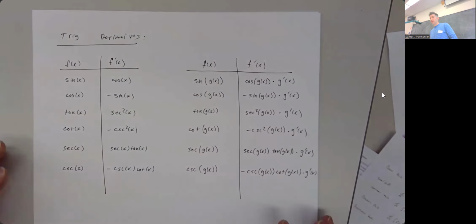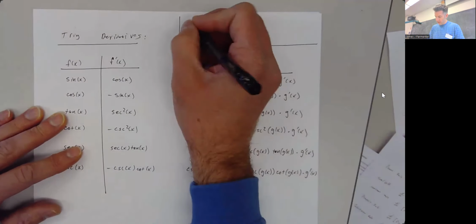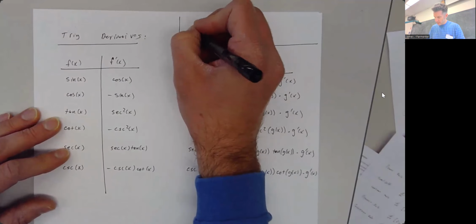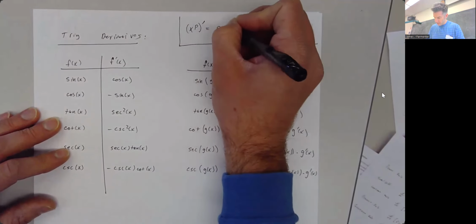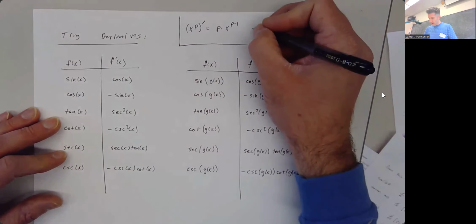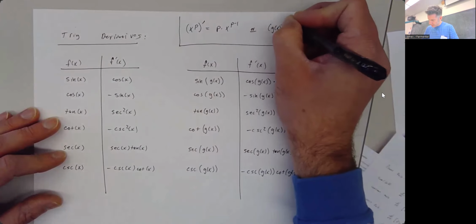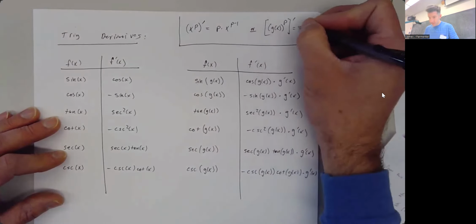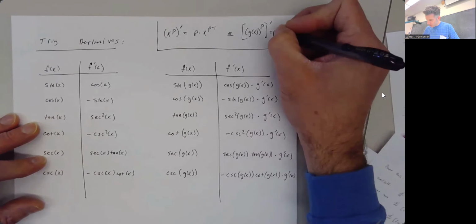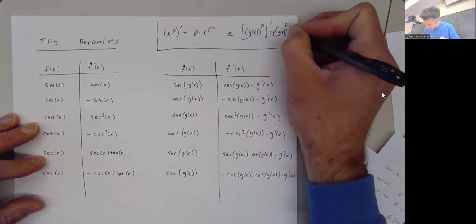And then just for the sake of completeness, there's also the chain rule version of the power rule, right? If you have the derivative of x to a power, that's just the power times x to the power minus 1. If you have the derivative of a function of x to a power, that's going to be the power times your function of x to the power minus 1 times g prime of x.